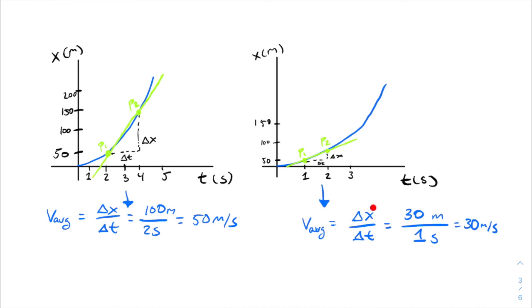Therefore, our average velocity is again the displacement divided by the difference in time. The displacement is 80 minus 50, which is 30 meters, and the difference in time is 2 seconds minus 1 second, which is 1 second. Therefore, we have 30 meters divided by 1 second, which is equal to 30 meters per second. And like this, we can find any average velocity from a graph in which we have position and time.